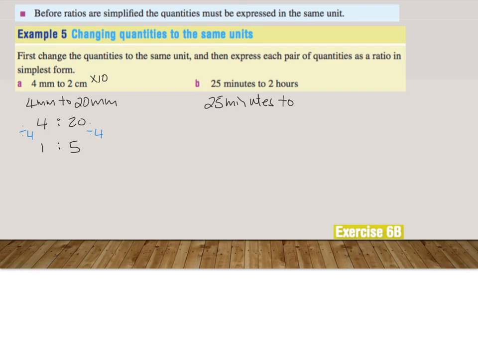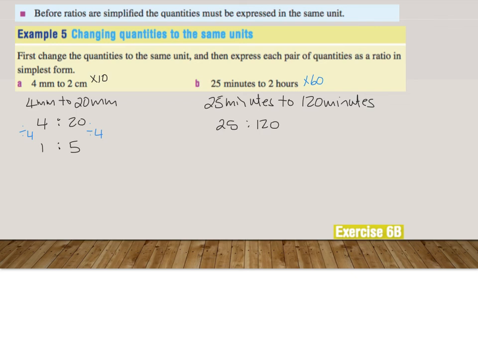So in 2 hours, I will multiply by 60. So 2 times 60 will give us a total of 120 minutes. I can now say my ratio is 25 to 120.